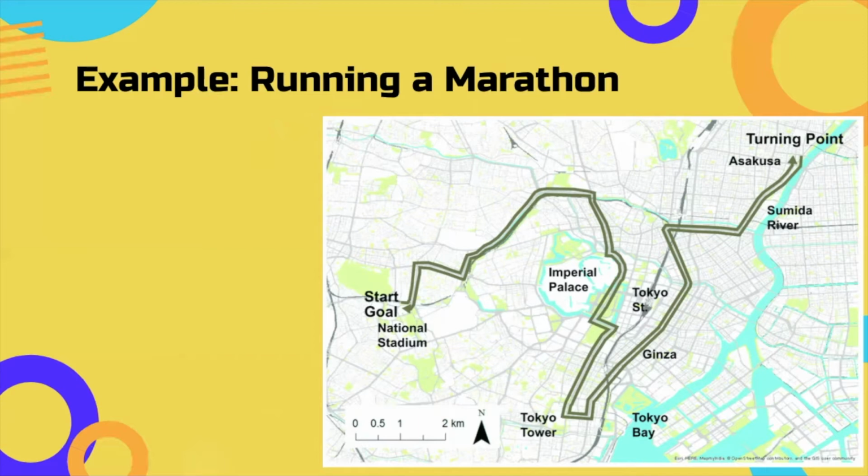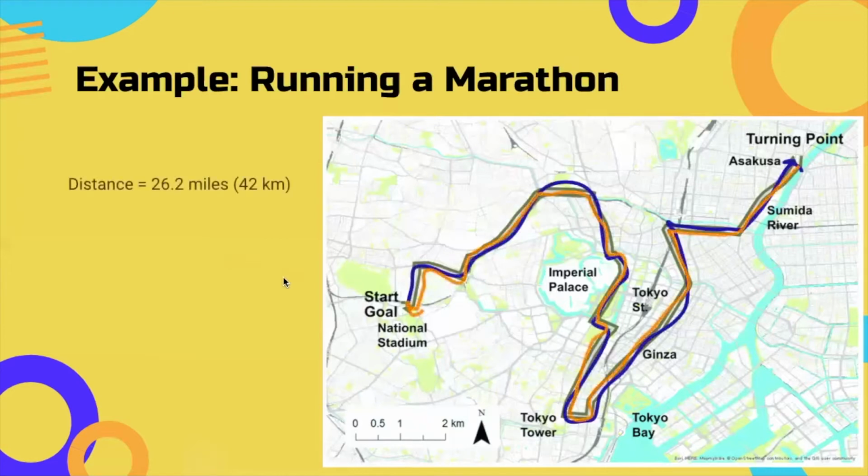When you run a marathon, what's the distance you run? 26 miles. Or if you're used to kilometers, it's something like 42 kilometers. So they run 42 kilometers, they run 26.2 miles. The distance they travel is 26.2 miles. What is the displacement?